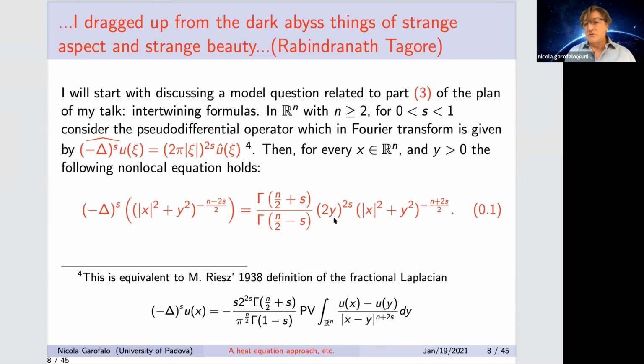And so if you put y equal to 1, then you recognize some old familiar functions, the Aubin-Talenti-Lieb functions in the Sobolev embedding theorem. And so there is this equation here that holds.